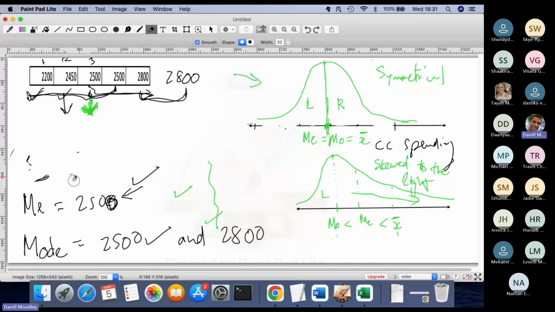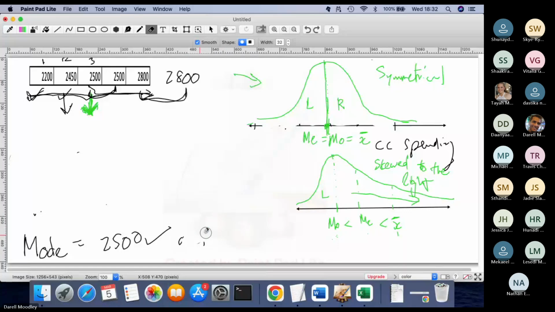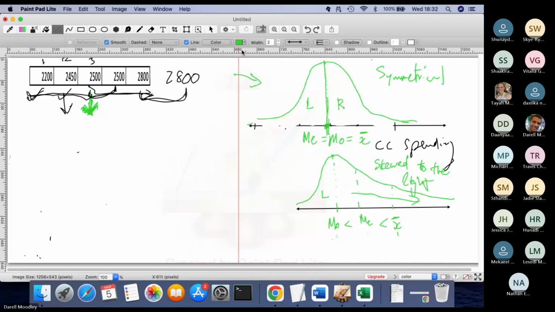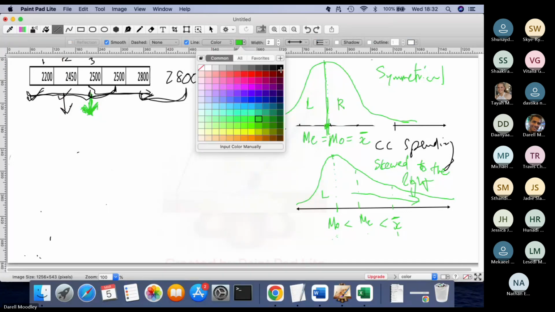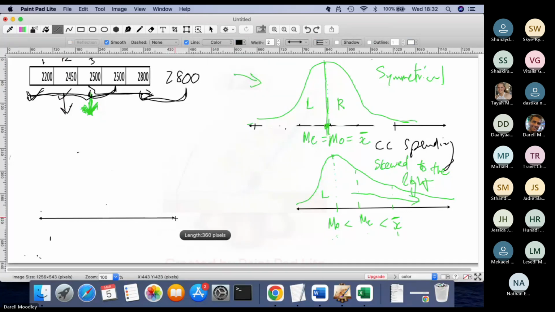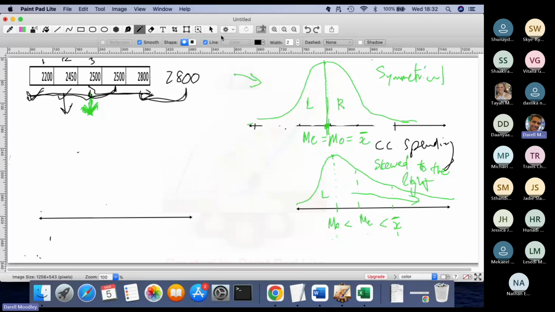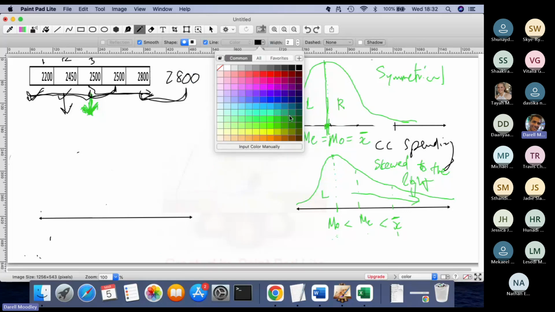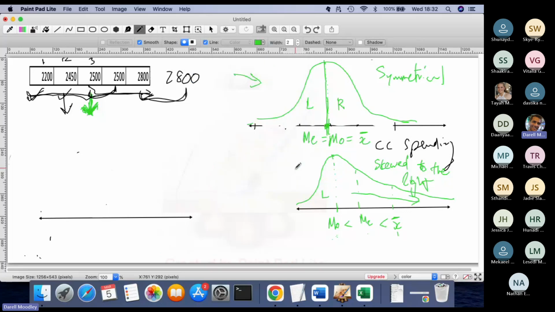So I'll just draw that here on the left. So you have an idea. Skewed to the left, it'll look like this. It's a mirror image of this one here, so it goes the other way.